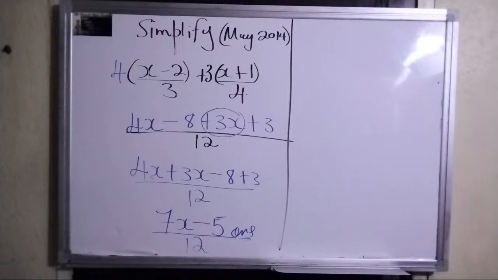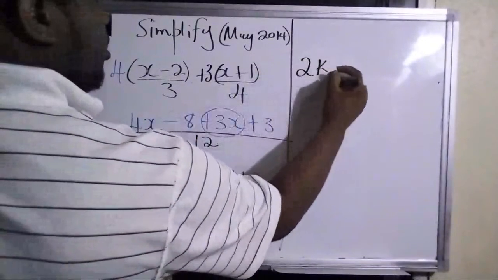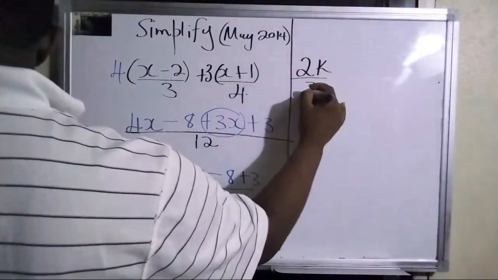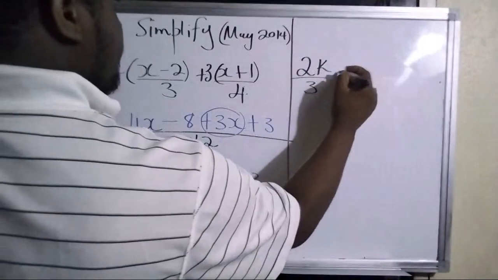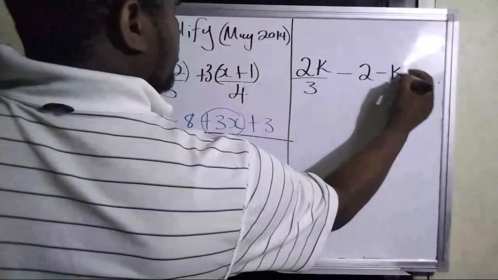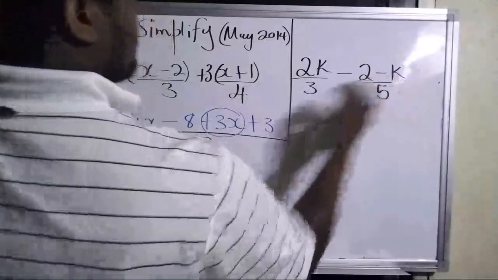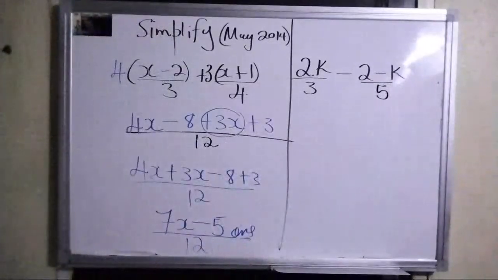Alright, so this one says 2k over 3 minus 2 minus k over 5. Same instruction, simplify. So try that one. I know you guys are gonna mess up this one because of the negative right there.